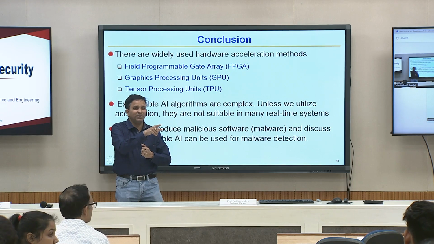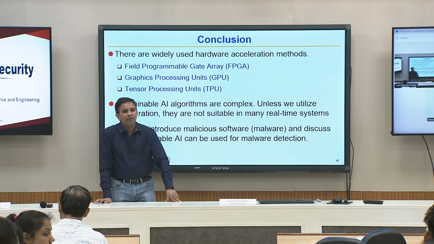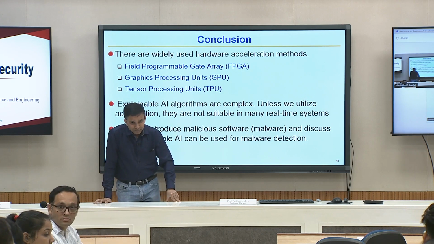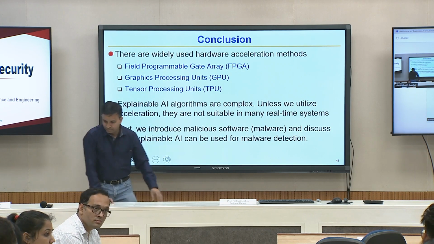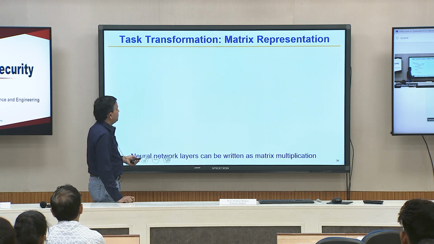Yes, absolutely. There was another question here, somebody. Yeah, go ahead, please. Sir, I am a little bit confused about data decomposition, like how it is connecting with the task transformation and parallel computing. Okay. The question is about task transformation, and that is why there is this first overview diagram.